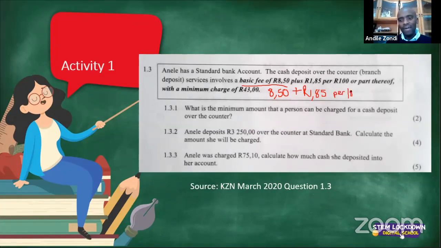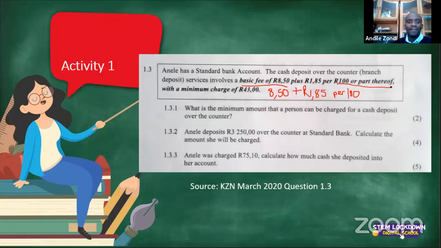Now they say or part thereof. Remember from yesterday's lesson, when they say part thereof, they actually mean any amount that does not add up to 100 will be charged as if it was 100 rand. That means if you are depositing 50 rands, you'll be charged 1 rand 85, because it is part of 100.